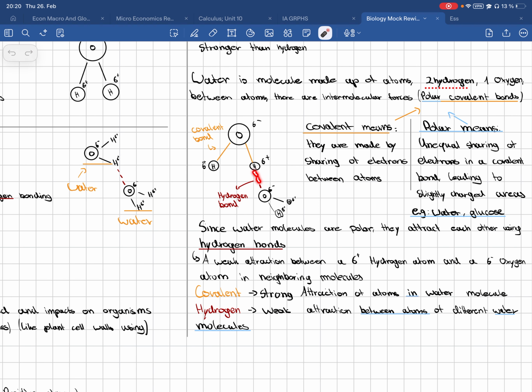Now, this hydrogen bond is a weak attraction between a positively charged hydrogen, what we see right here, and a negatively charged oxygen from different or neighboring molecules.